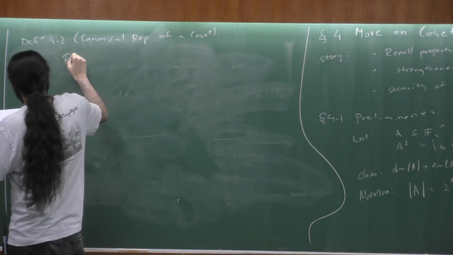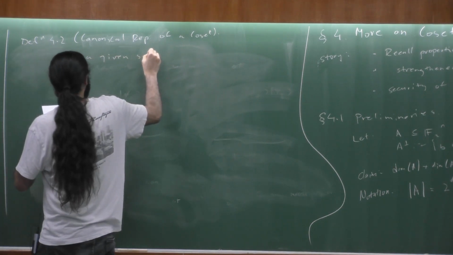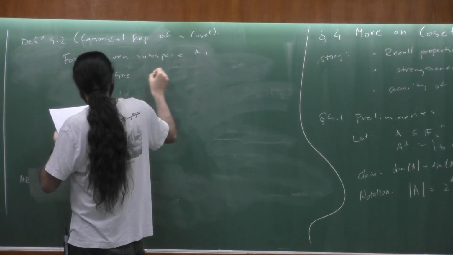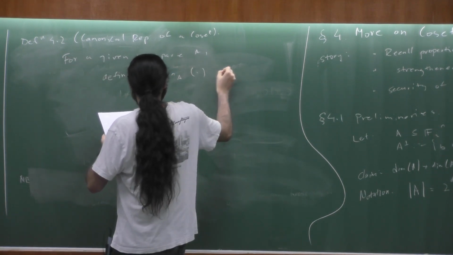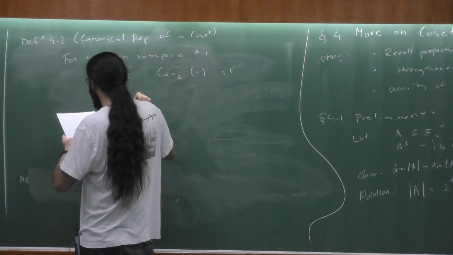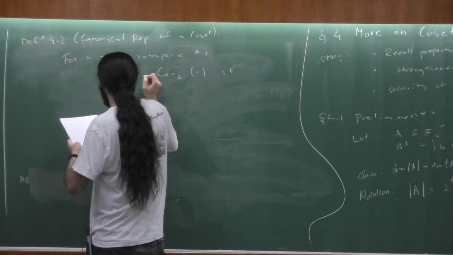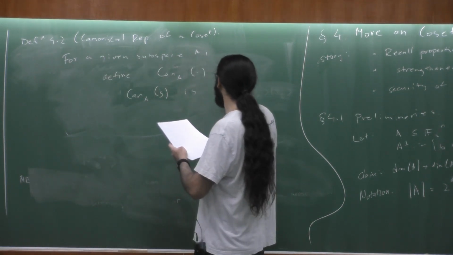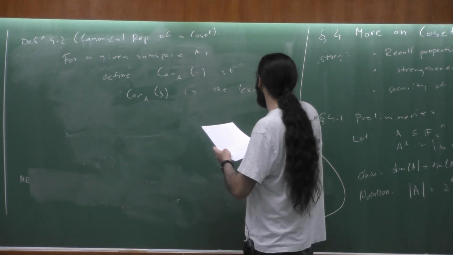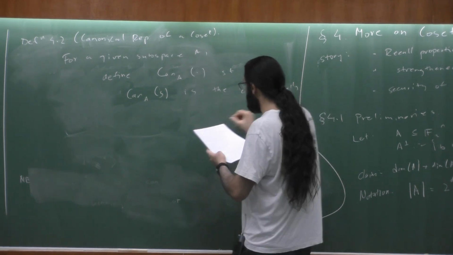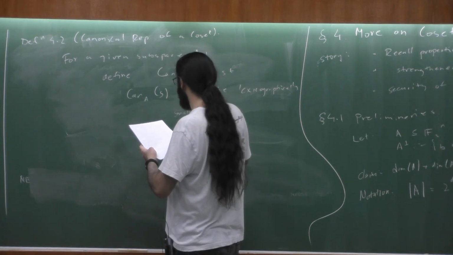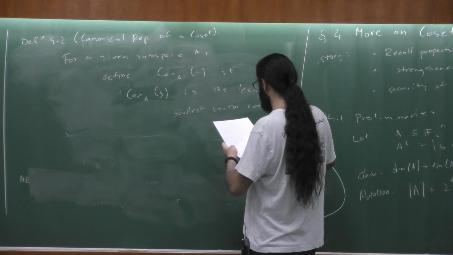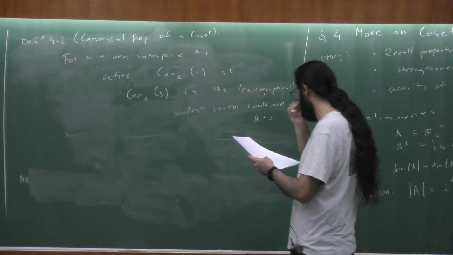For a given subspace A, we define can sub A such that can sub A of S is the lexicographically smallest vector contained in A plus S.